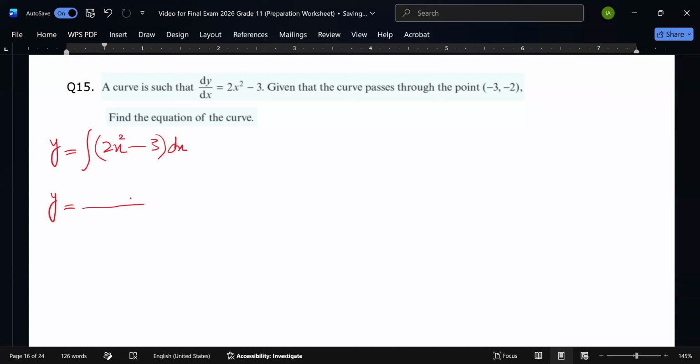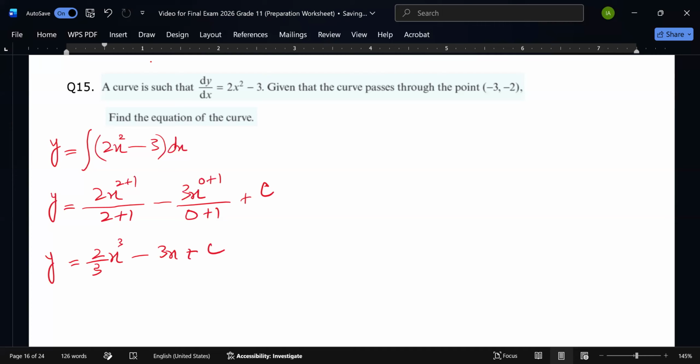First, we integrate 2x squared: this is x power 2 plus 1, divided by 2 plus 1. Here 3 with no x means x power 0. That is why we add 1 in the power and do the same thing in the denominator. And finally, the constant c. So y is equal to 2 upon 3 x power 3 minus 3x plus c.